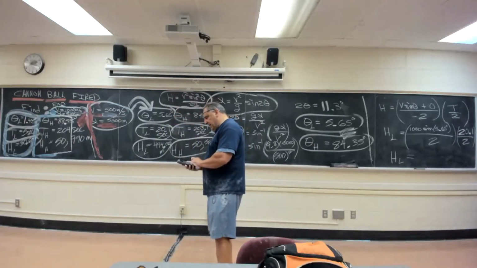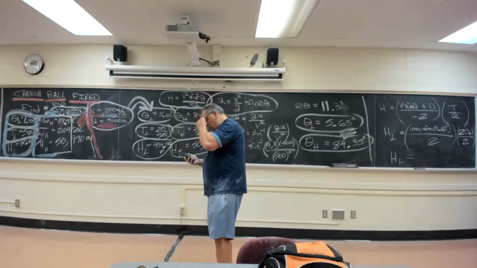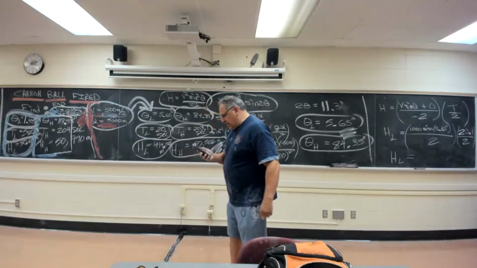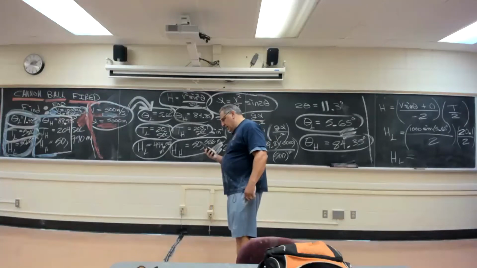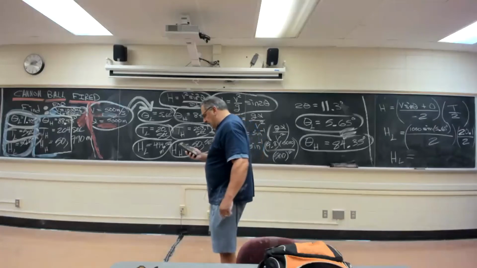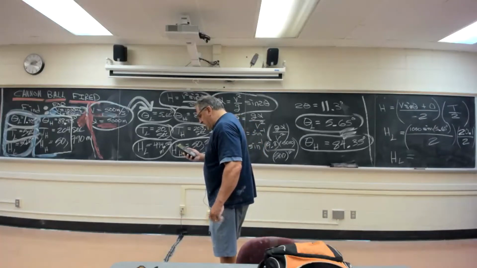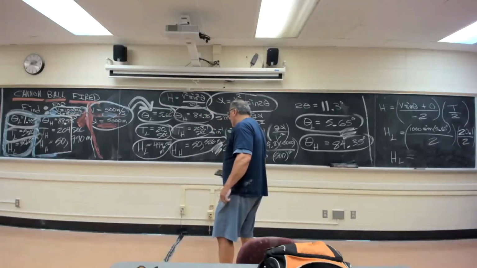If you took this, let me show you, just to get a ballpark idea. It's 3.84 times 10 to the negative 4.